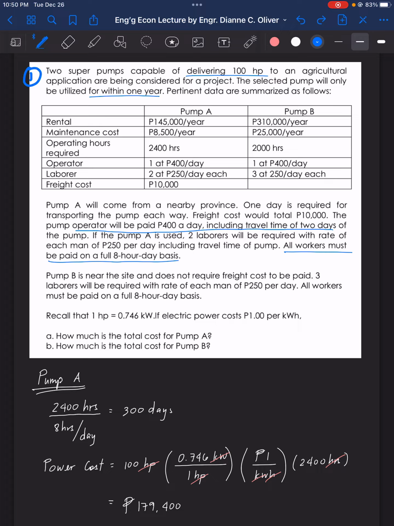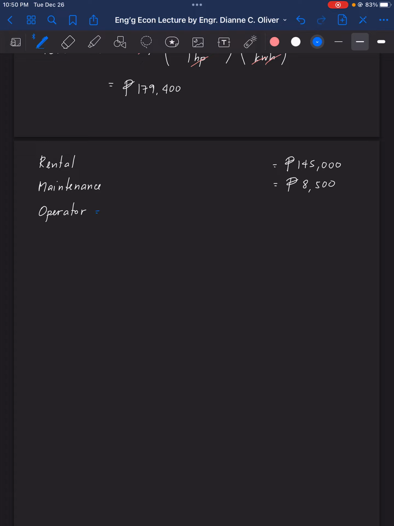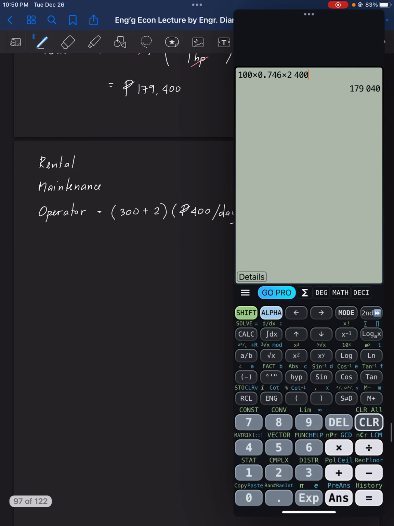So that is 2 days travel time. Therefore, for the operator here, the total number of days that he will be paid will be 300 days plus 2 multiplied with the rate of 400 per day. So that is 400 times 302, 120,800 pesos.